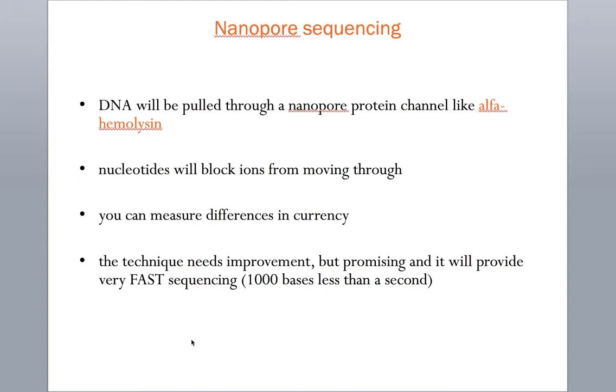For example, my husband works for PerkinElmer, and they got a nanopore machine, and they are right now beta testing whether it is accurate. Very fast sequencing. It can do 1,000 bases per second. So again, another very promising technology.